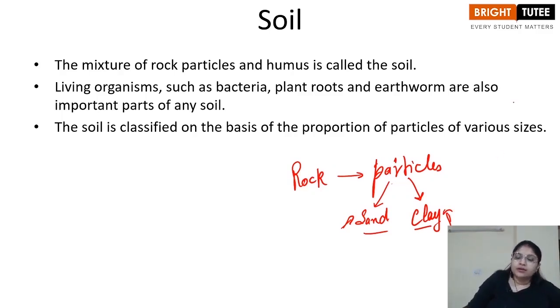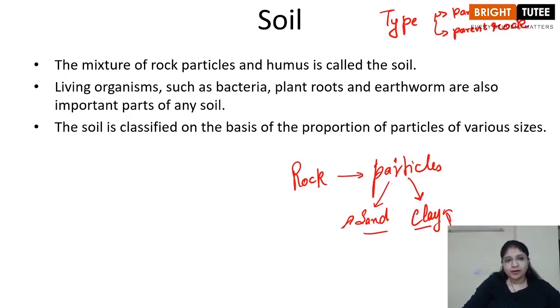Also, it depends on the parent rock. So the type of soil depends on two things: first, the particles that are there, and also the parent rock. Parent rock is the rock from which the soil is formed.